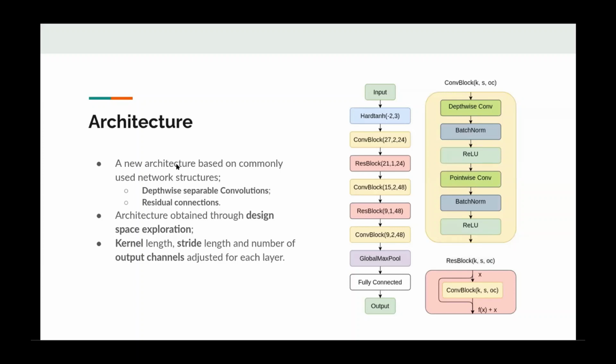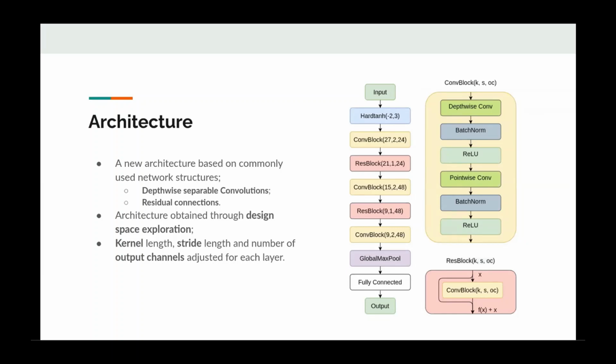To tackle the problem at hand, we developed an architecture featuring depthwise convolution and residual connections. Design space exploration was used to optimize both inference cost and accuracy. In the end, the final architecture features 5 layers in total, with decreasing one-dimensional kernel sizes according to depth.